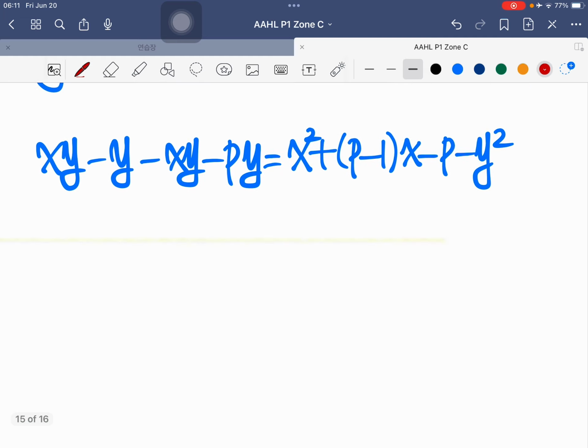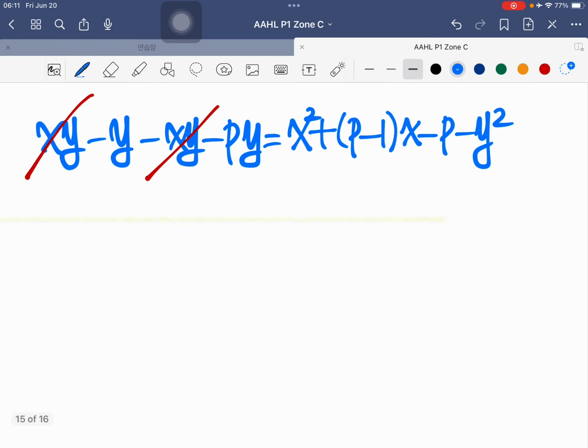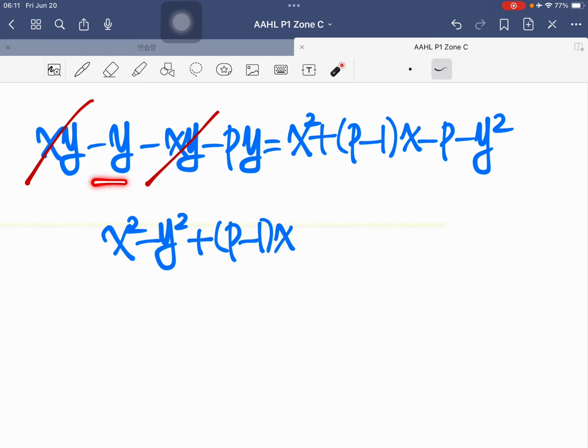Okay, and this and that cancel out. Then simplifying based on the right hand side, we got x squared plus y squared plus (p minus 1) times x, and these two, minus p plus 1, go to the other direction.